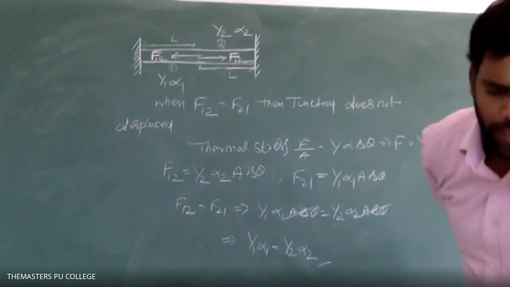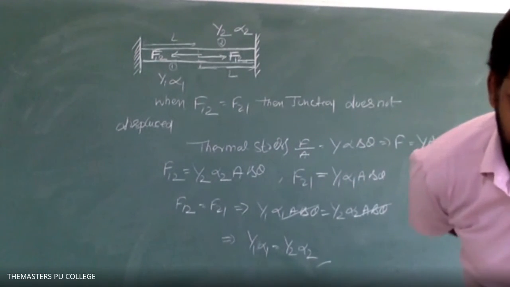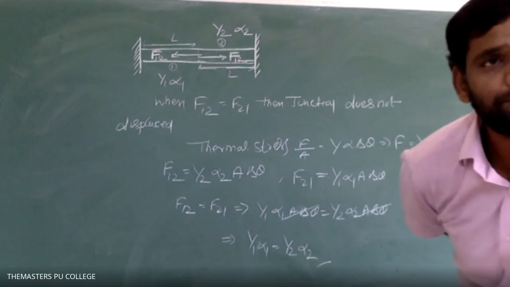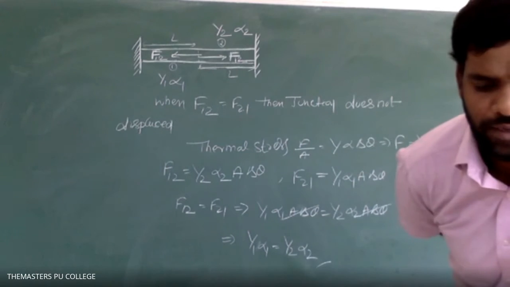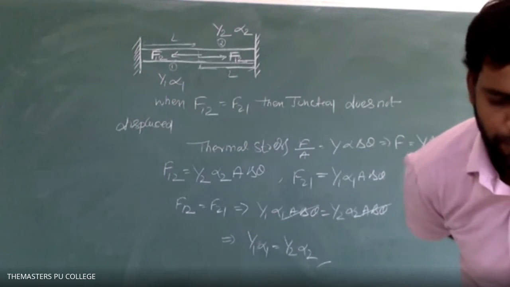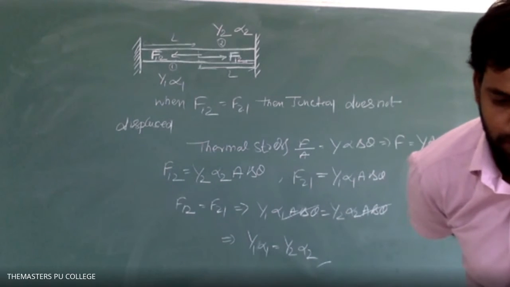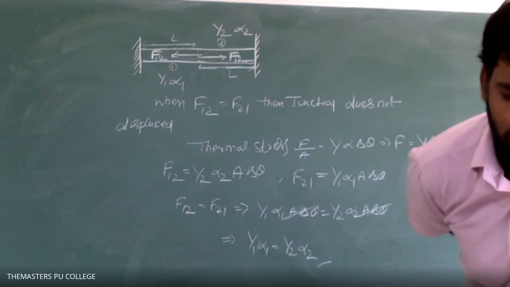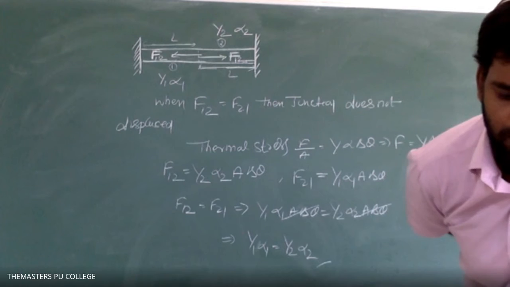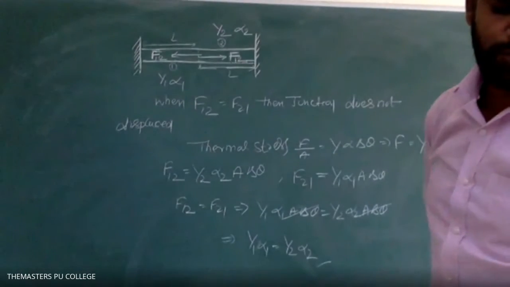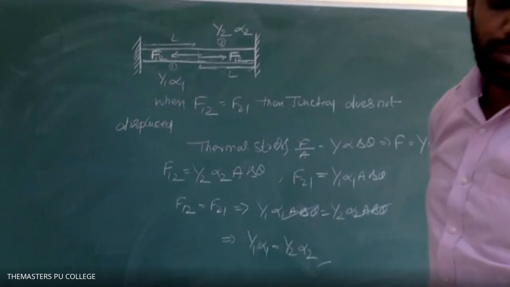Those who have completed, go to problem number 11. Okay, so let me read this problem and I'll give the book to you. The 11th one: a steel rod at 30 degrees centigrade is observed to be 1 meter long when measured by a brass scale which is correct at 0 degrees centigrade.